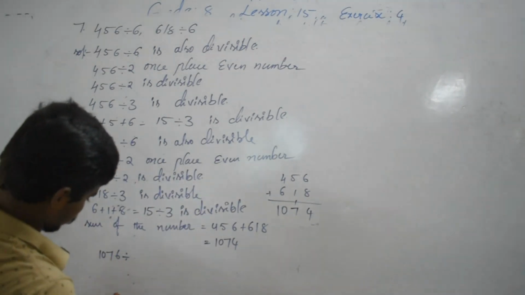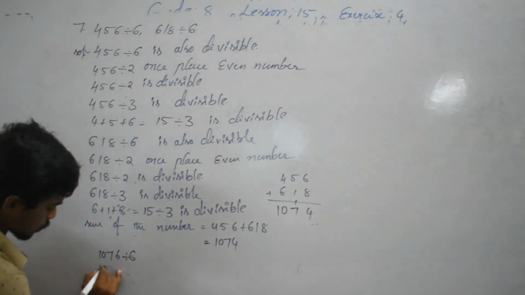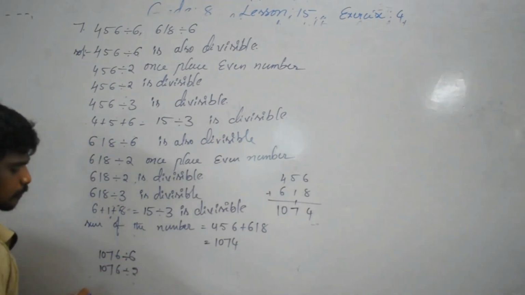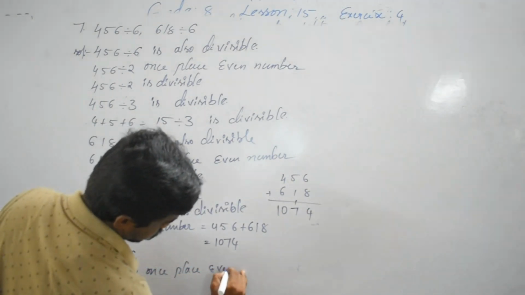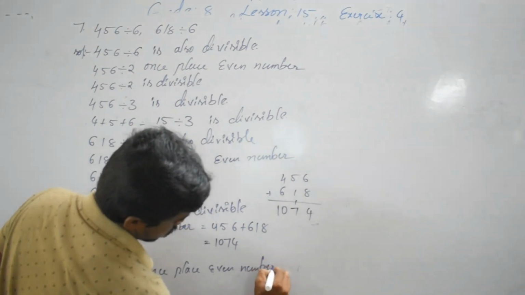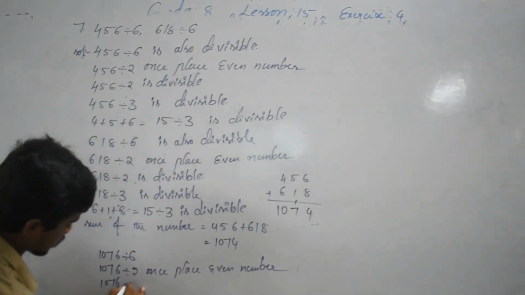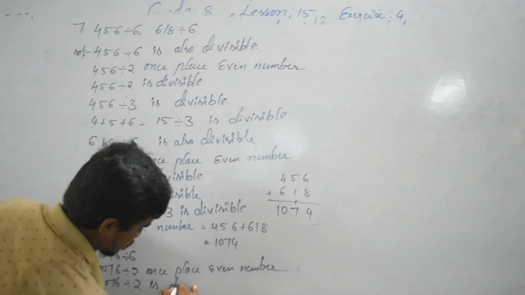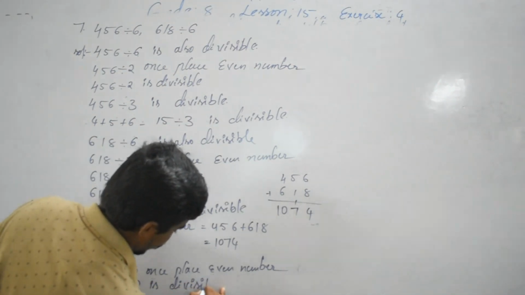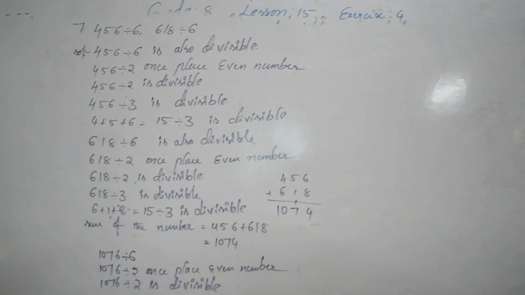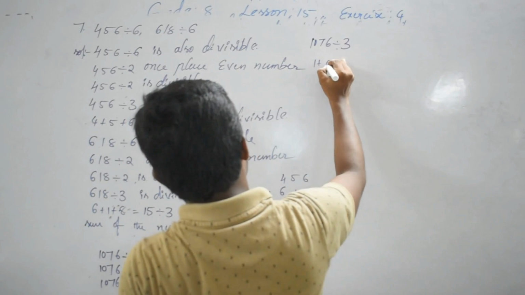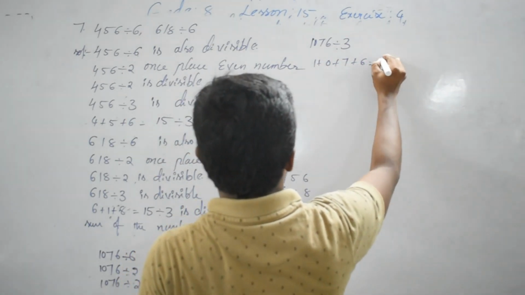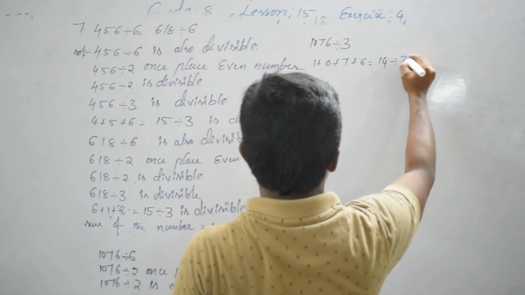So 1074 divisible by 2. In ones place, even number. So 1076 divided by 2 is divisible. Next one. 1076 divided by 3. 1 plus 0 plus 7 plus 6. 14 divided by 3.